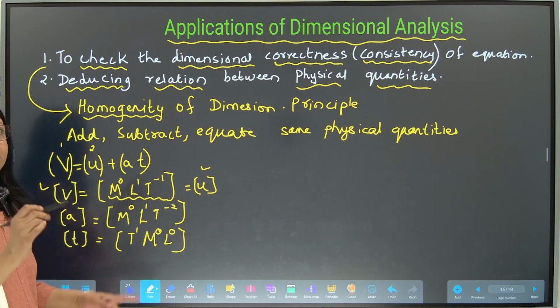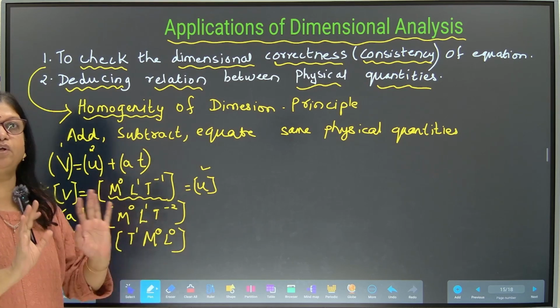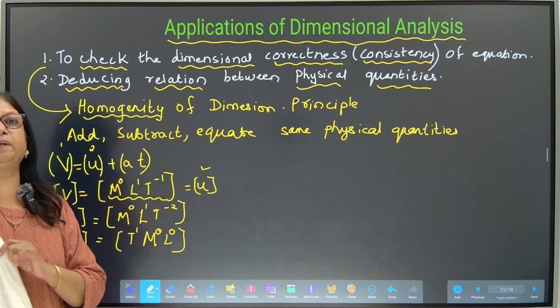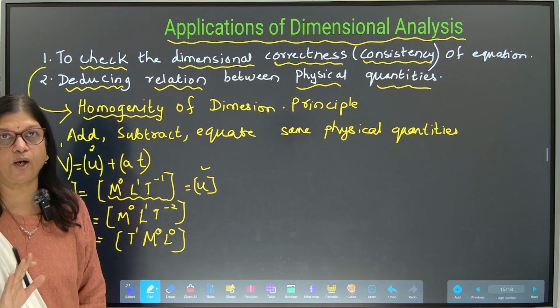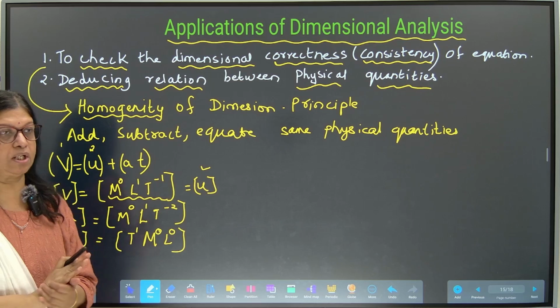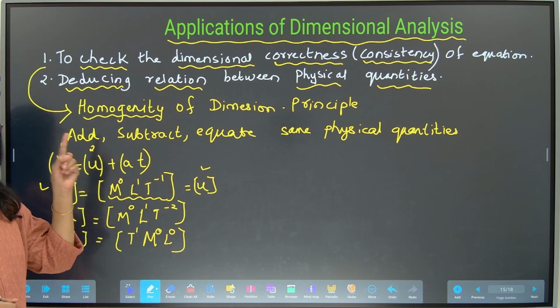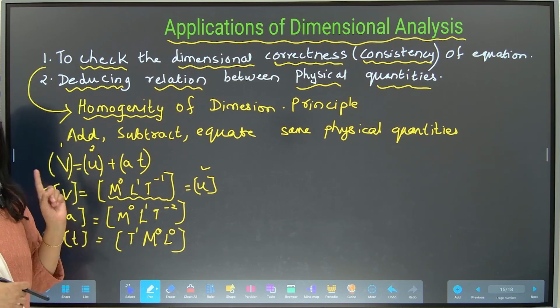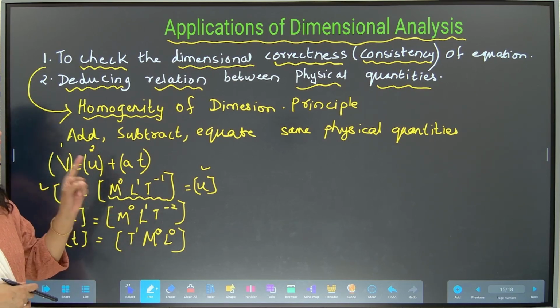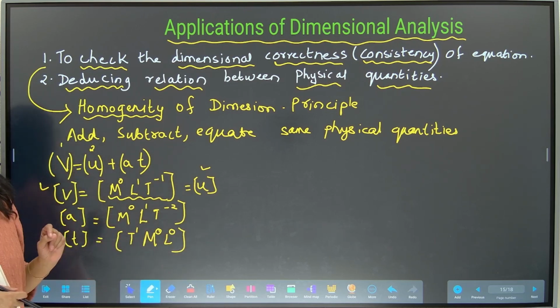Because we are equating velocity, then that side also should be velocity. If LHS is velocity, RHS also must have each term as velocity. That is the meaning of checking the correctness of the equation. So v has the dimensional formula of velocity, u has the dimensional formula of velocity, at also must have the dimensional formula of velocity only.